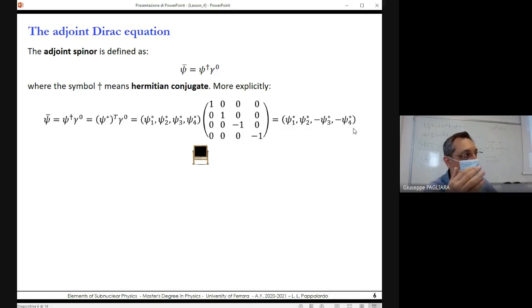So let's now make use of this concept to derive the adjoint Dirac equation.